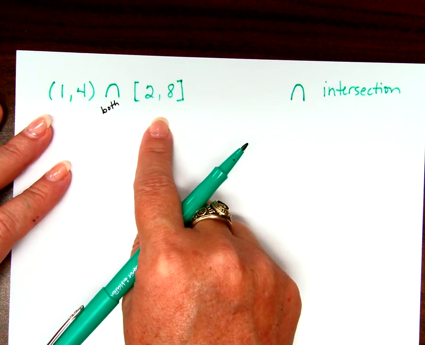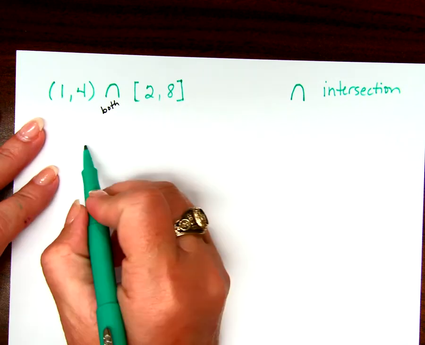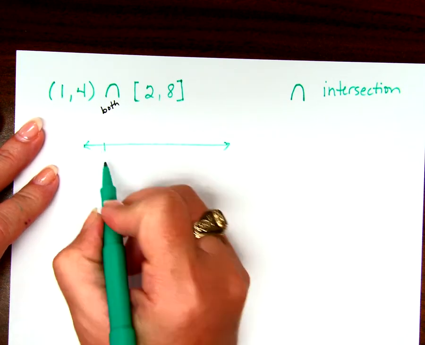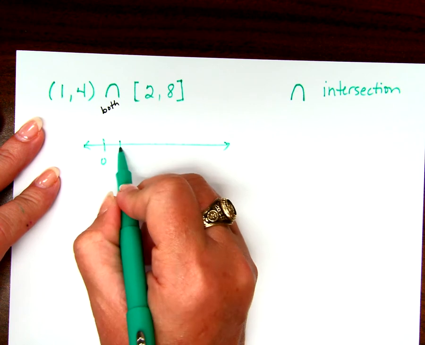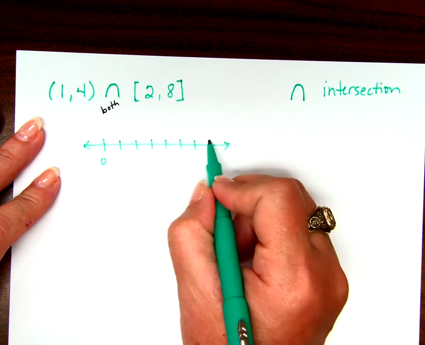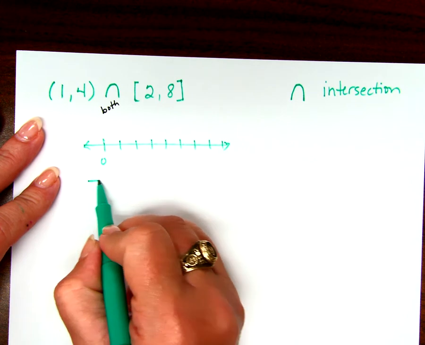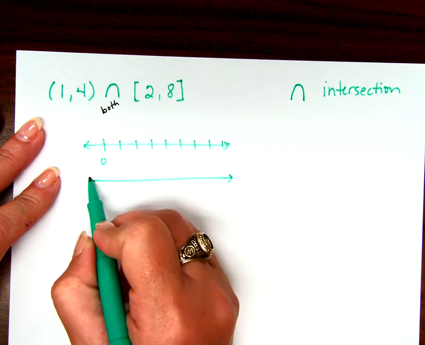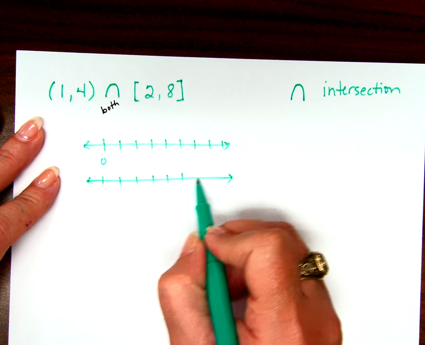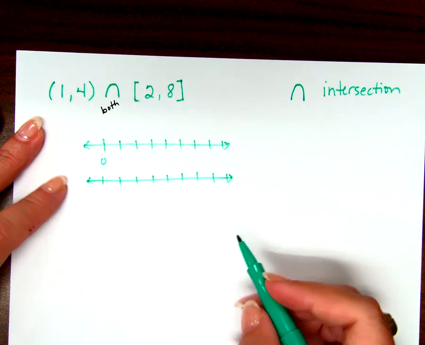So can I draw some number lines for you? Okay. You won't always need a number line, but just to start out. 0, 1, 2, 3, 4, 5, 6, 7, 8.